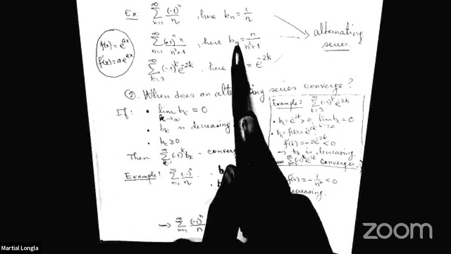All right. Now let's look at the other example. You guys do this one. I wrote bn already. You find first the limit of bn.